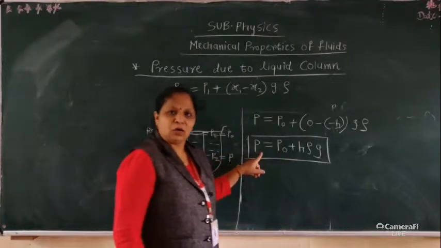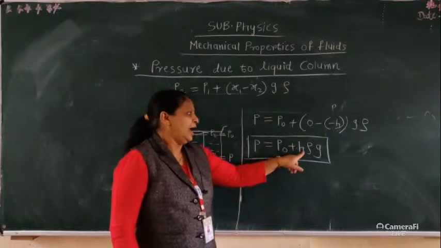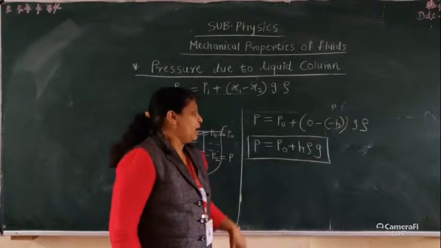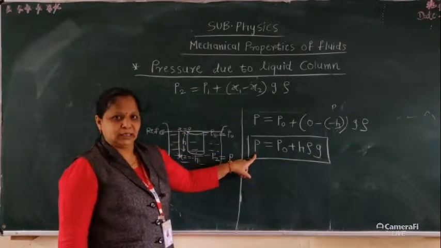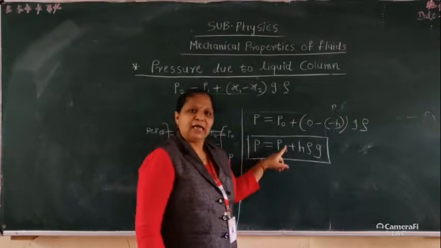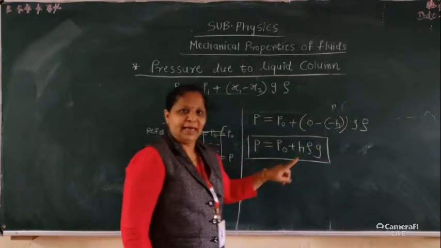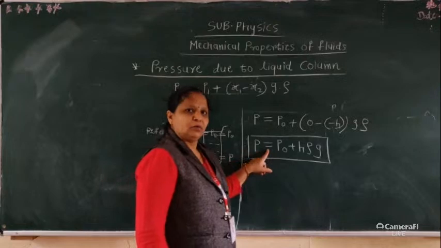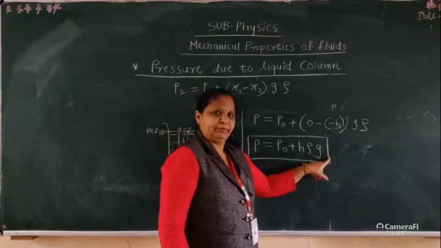So, P means total pressure, P0 means atmospheric pressure, and H rho G pressure due to liquid column. मग हा जो टोटल प्रेशर आहे त्यालाच आपण ऍब्सोल्यूट प्रेशर असं म्हणतो. P0 म्हणजे ऍटमॉस्फेरिक प्रेशर आणि H rho G म्हणजे गेज प्रेशर. So total pressure is equal to atmospheric pressure plus gauge pressure.